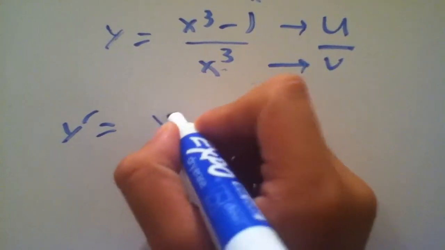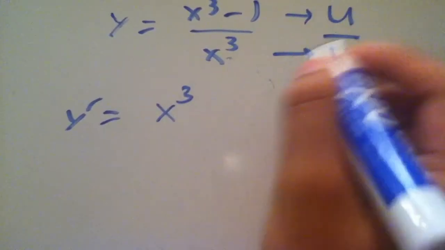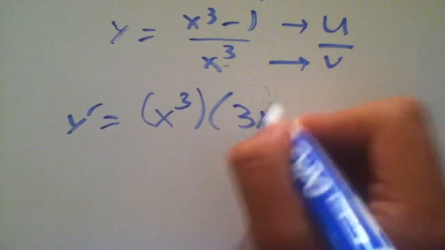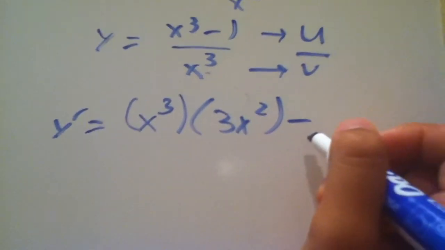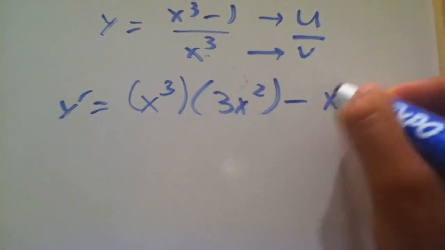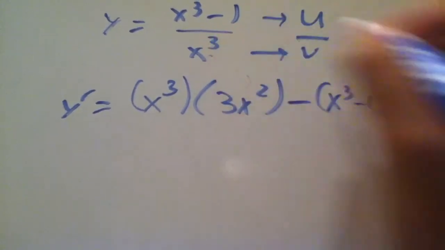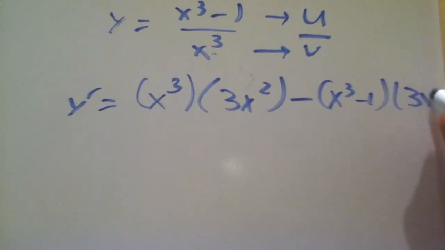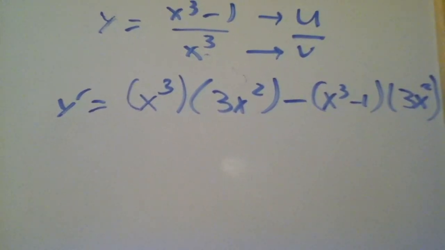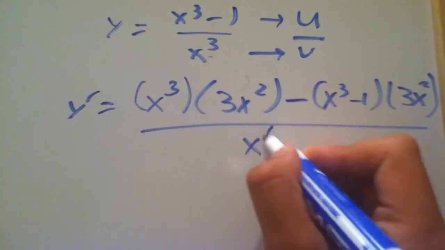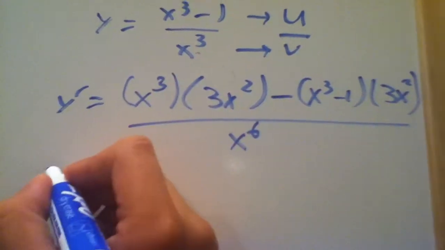It's v, x cubed, so again we have to keep these variables straight, times the derivative of u, which is 3x squared, minus x cubed minus 1, which is u, times the derivative of v, which is 3x squared. And then that would be all over v squared, which is x to the 6th, because v is x cubed.